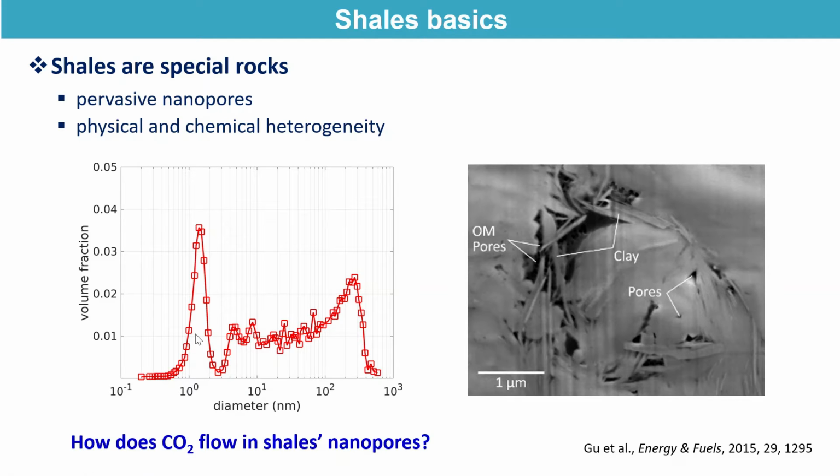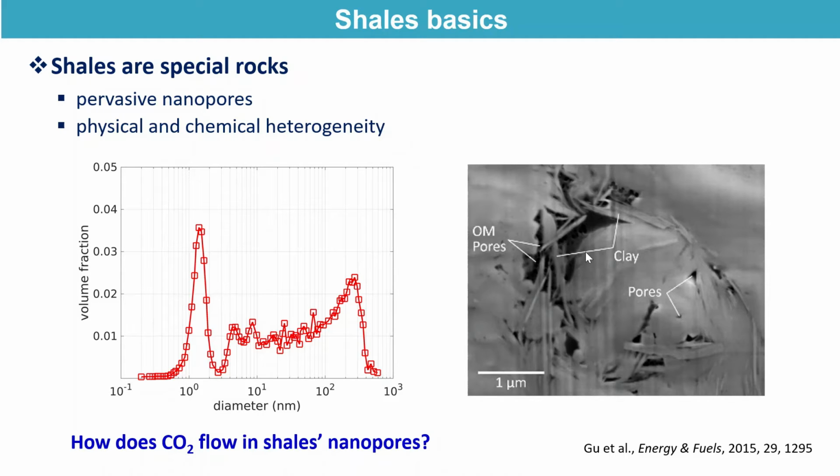Another special aspect of shales is their physical and chemical heterogeneity. Shown in the right figure is the cross-section view of a shale sample. Here we can see organic kerogen materials, and also clays and sometimes quartz and calcite.